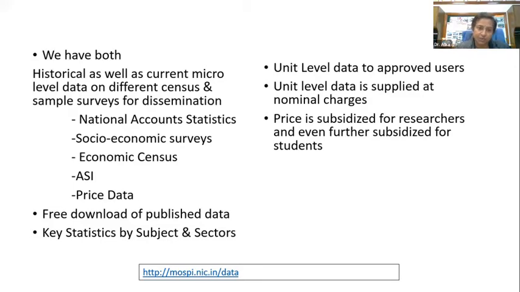Many of these government source data are most of the time freely downloadable published data, and sometimes you can get key statistics or key indicators by subjects and sectors. Much of the unit level data is supplied at nominal charges, because they want to discourage non-interested users. And of course the price is highly subsidized for researchers and even more subsidized for students.